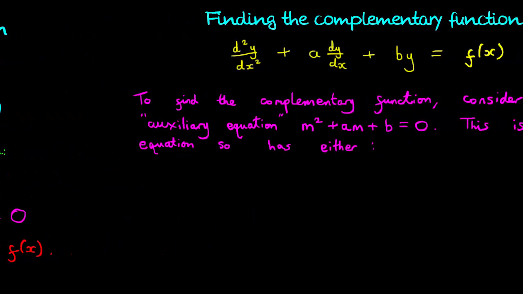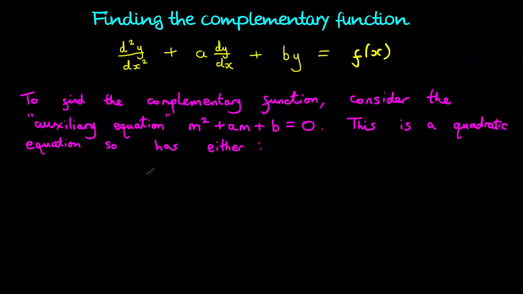In order to do that, we consider the so-called auxiliary equation, which is this equation here, m squared plus am plus b equals 0. The way that we get that equation is that we look at our original second order ODE and we replace the second derivative with m squared, so d2y by dx squared becomes m squared.